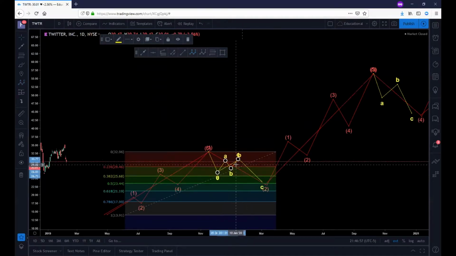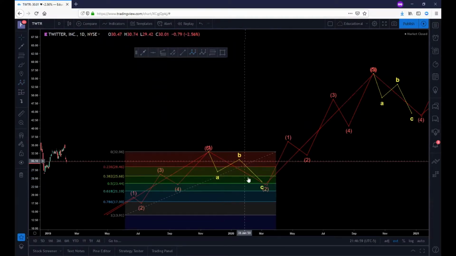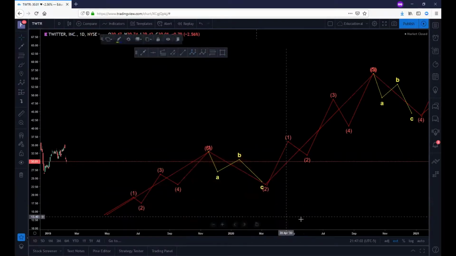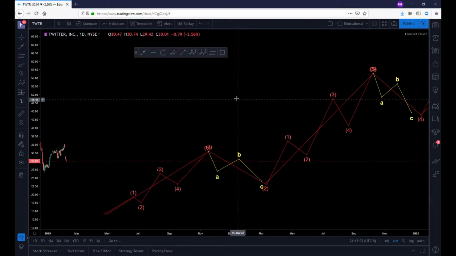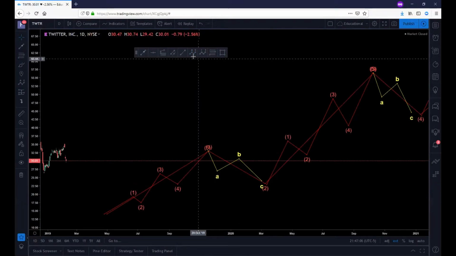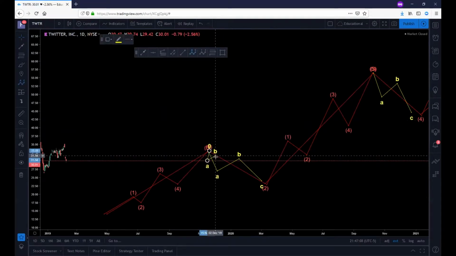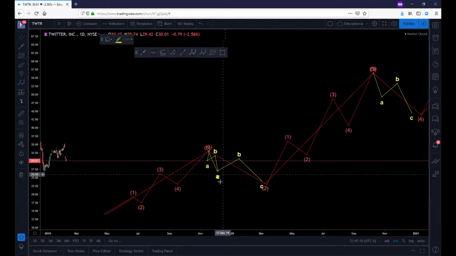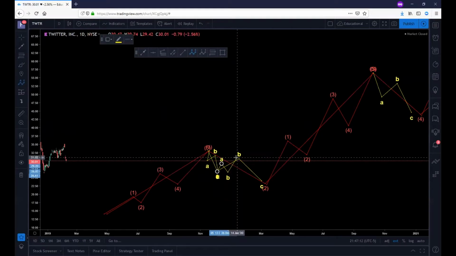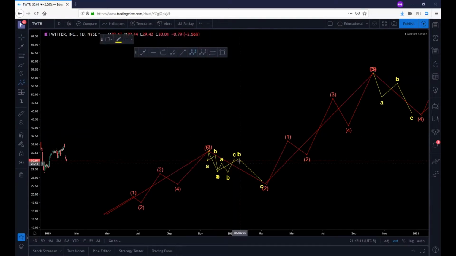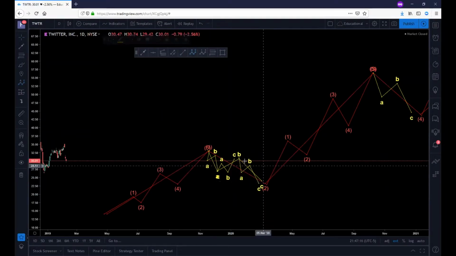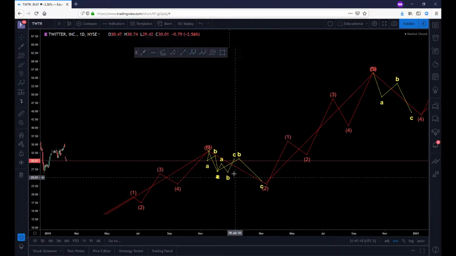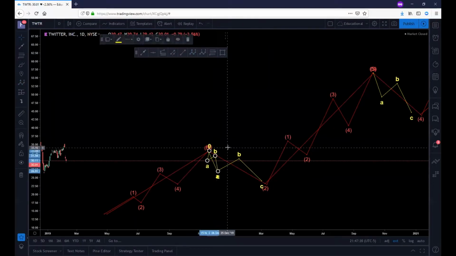So an ABC subwave of the wave B. Wave A and C can also be 3-wave patterns as such, and can create very complex structures, which we'll get into in a later video, which are called zigzags.